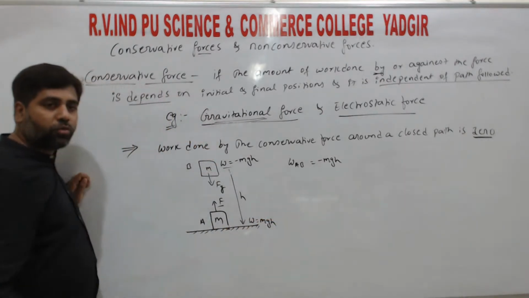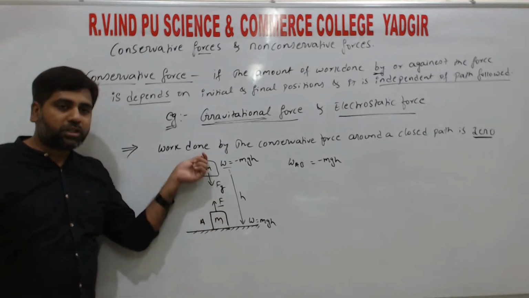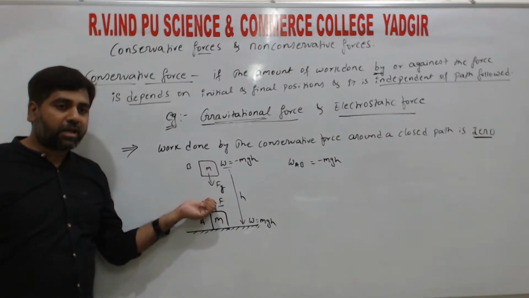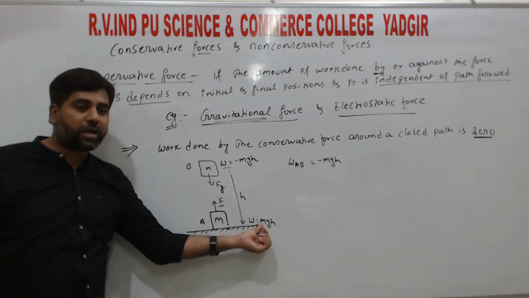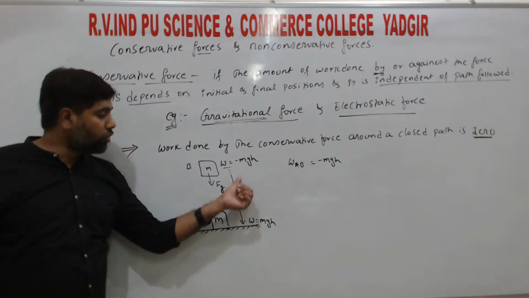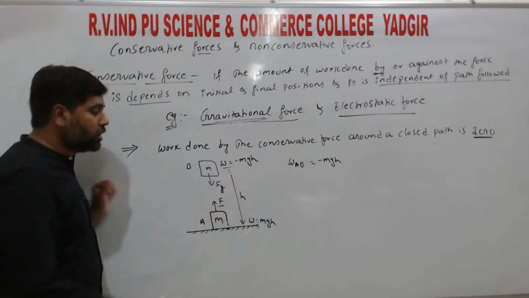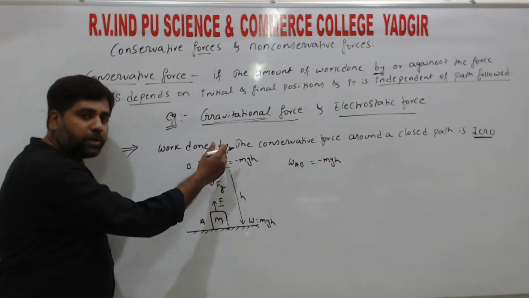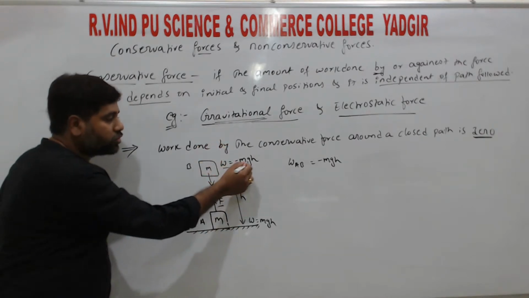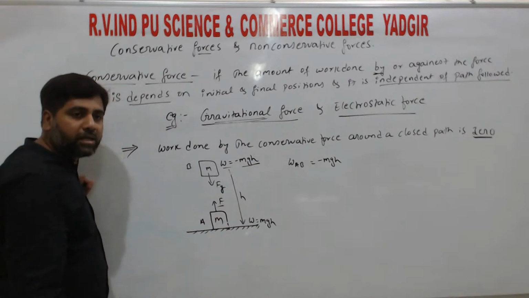Why is it positive here? The gravitational force acts vertically downward and the displacement is also downward. Both are in the same direction, hence the work done is positive. In the other case, the work done is negative because the force due to gravity acts downward and the displacement is vertically upward, hence we get minus mgh.